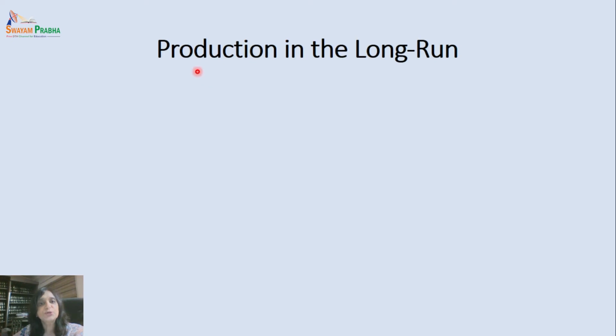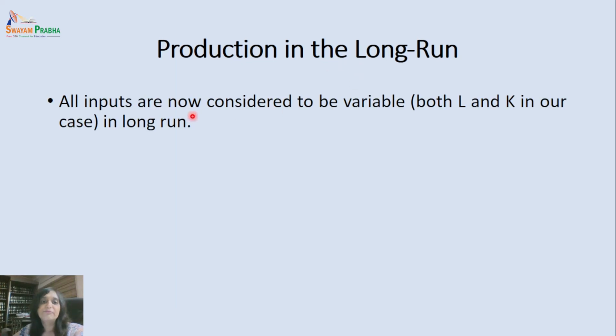As I just told you, this lecture will be concentrating on the production in the long run, wherein we are considering that both the inputs, that is labor as well as capital, have become variable. That is, a firm is able to change the number of labor as well as the amount of capital.